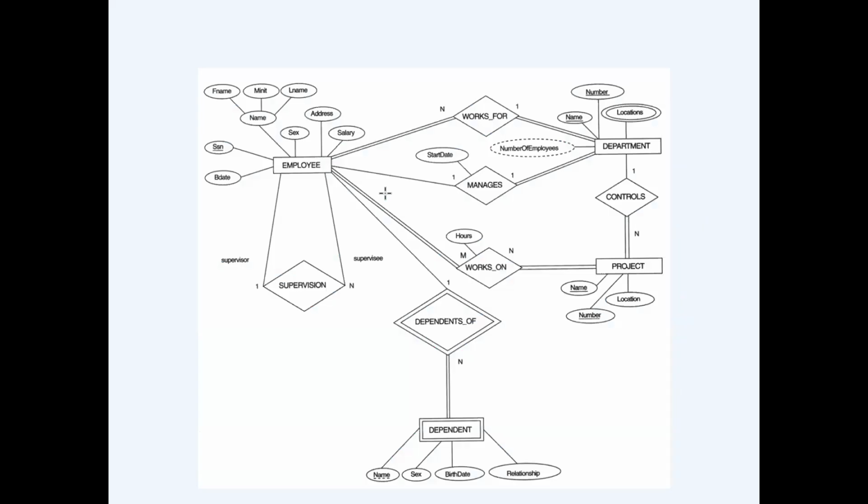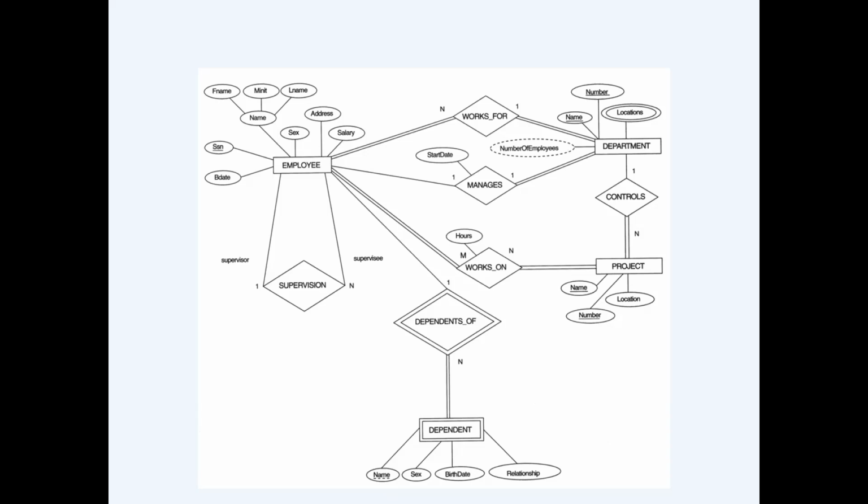So if you look at the representation here, we have department. You can see the name is unique, underlined. The department number is unique, underlined. You have several locations, so it's a multi-valued attribute. We have used a double oval here. And also notice the number of employees is represented inside the dashed line because it's a derived one.